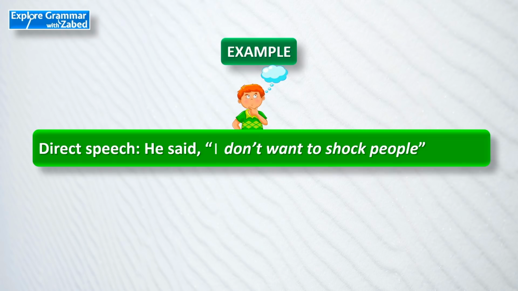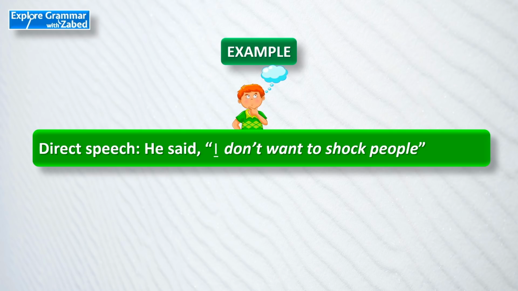Now, coming down to discuss the SON formula with examples. In direct speech, we can see: He said, "I don't want to shock people." Here, the reported speech is introduced by the first person "I".